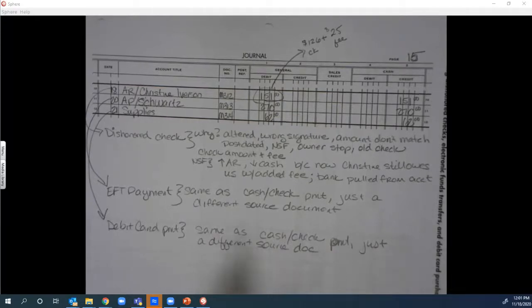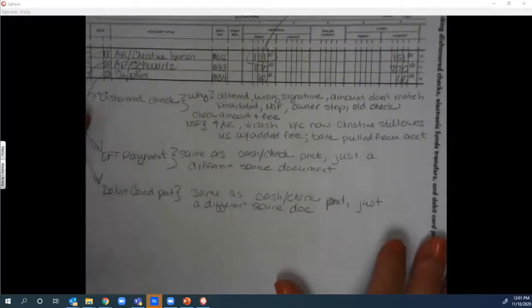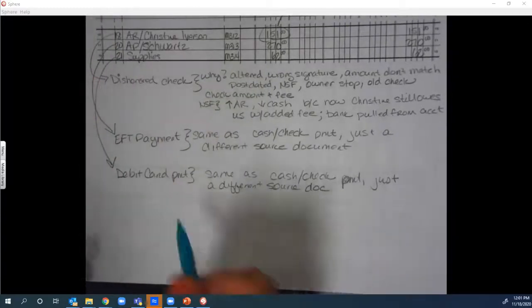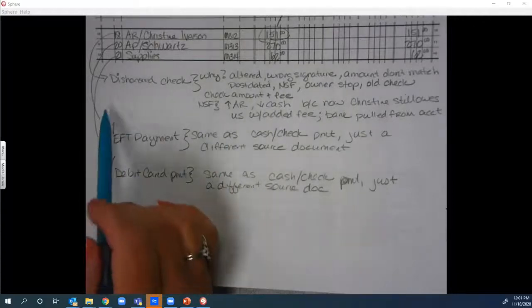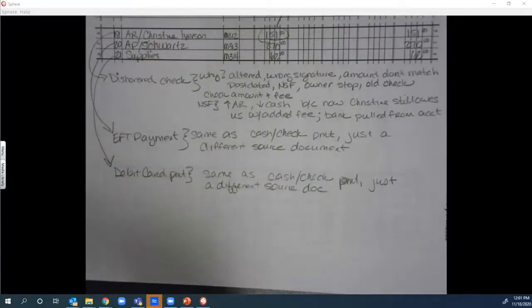Okay, and then it doesn't really have us do this, but just so we know, you saw on the slide that if you have a dishonored check, you need to record it in your checkbook, right?